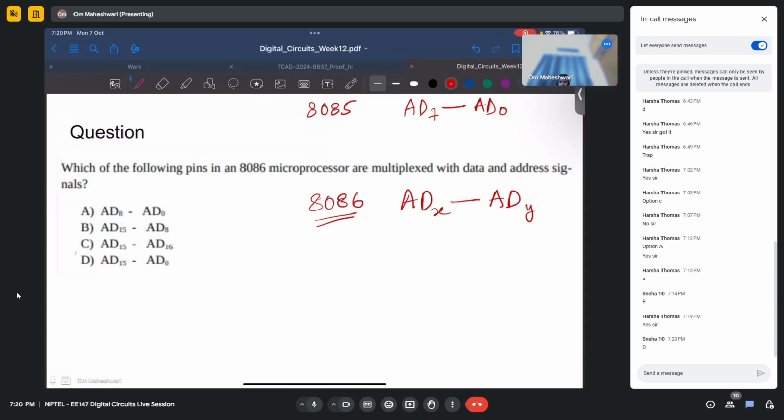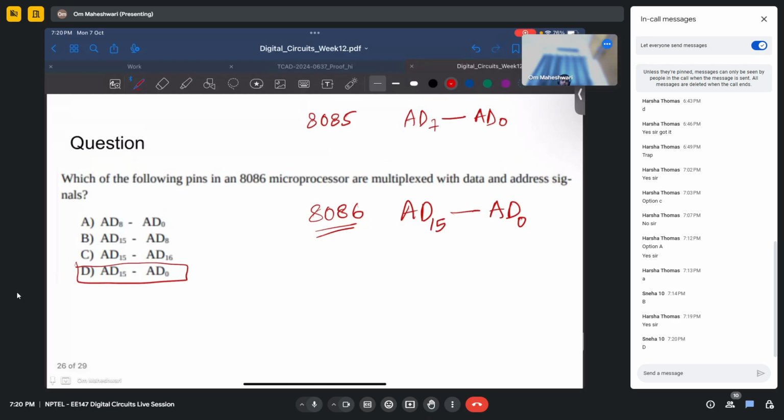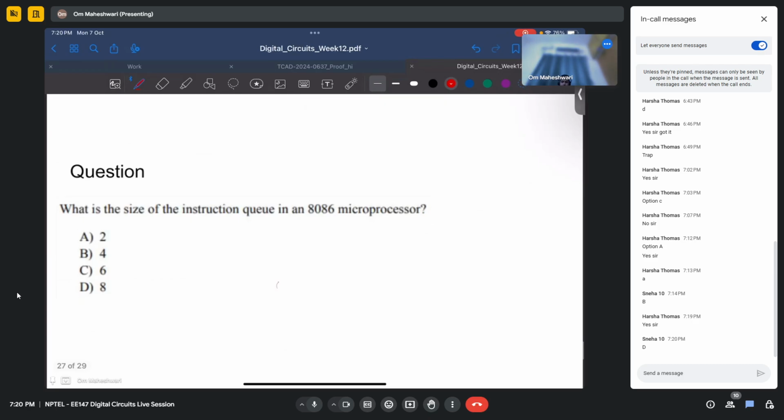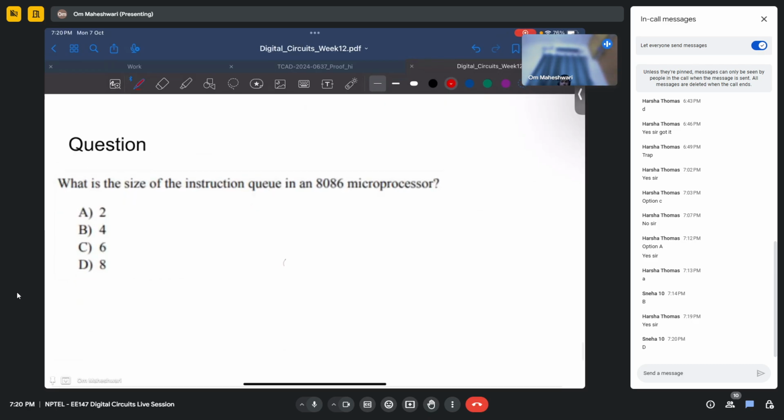Right, it's option D. The 16 address buses are multiplexed. It is AD0 to AD15. Okay. Next one, what is the size of instruction queue in 8086 microprocessor?